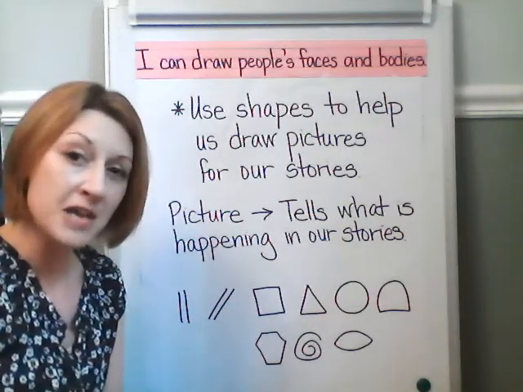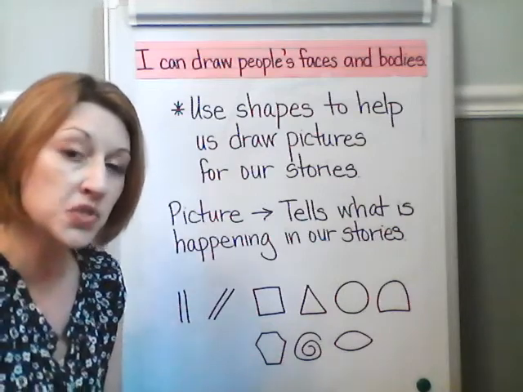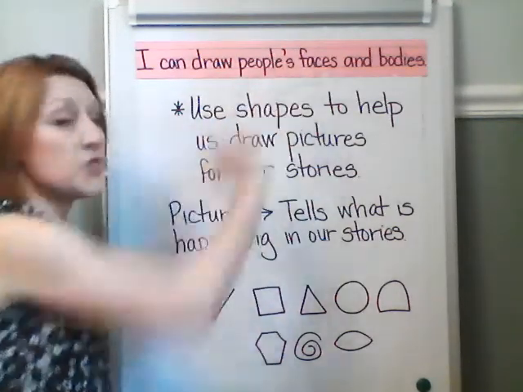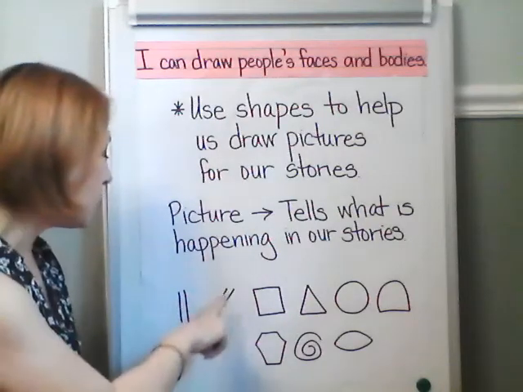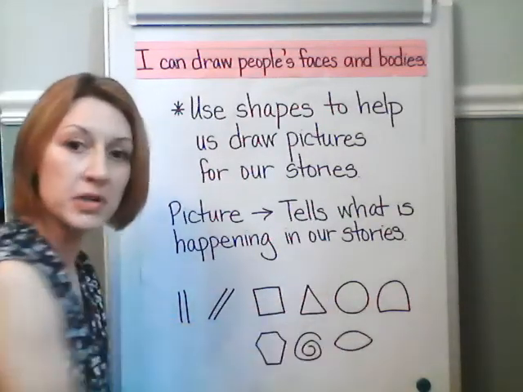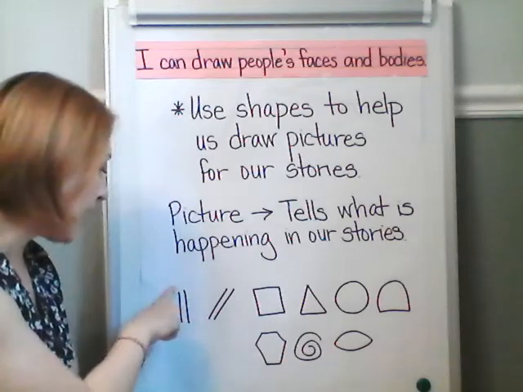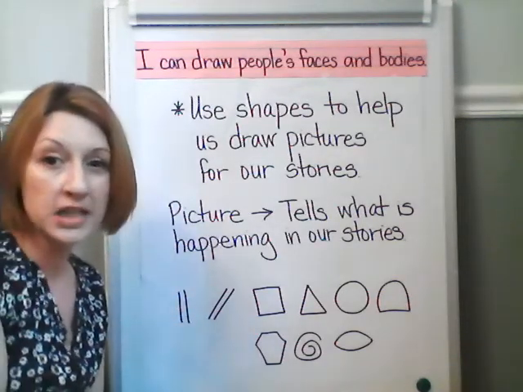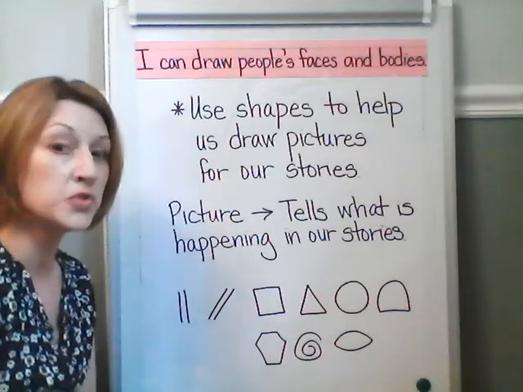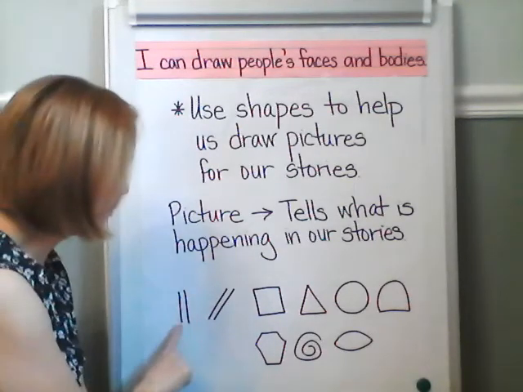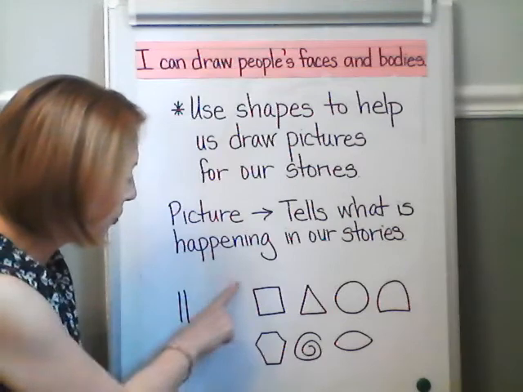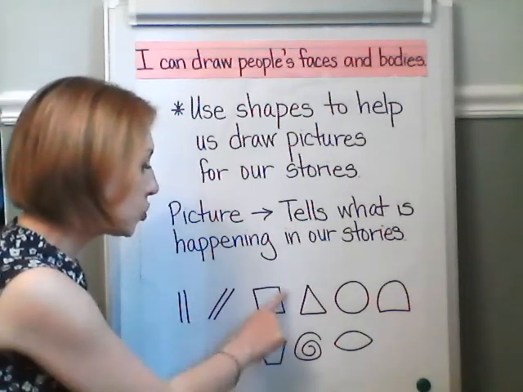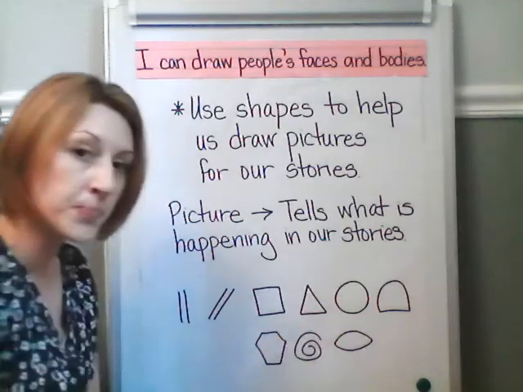Some of the shapes that you can use to help you when you're drawing people's faces and bodies are down below here. You might have two lines going straight down. If you're doing legs or arms, you may use that when doing someone's body, or two diagonal lines. You may have a square or triangle.